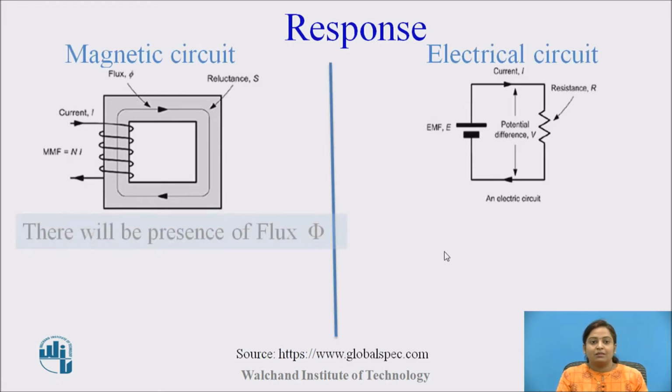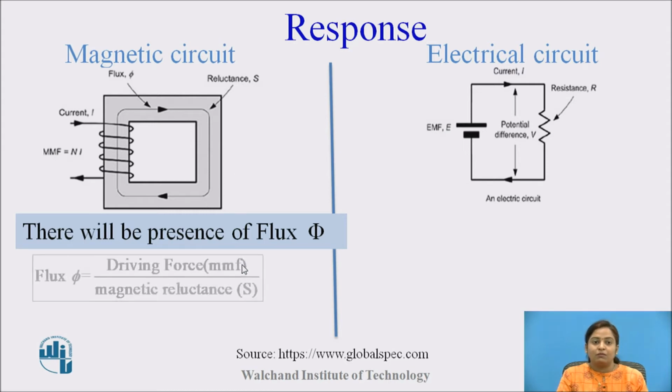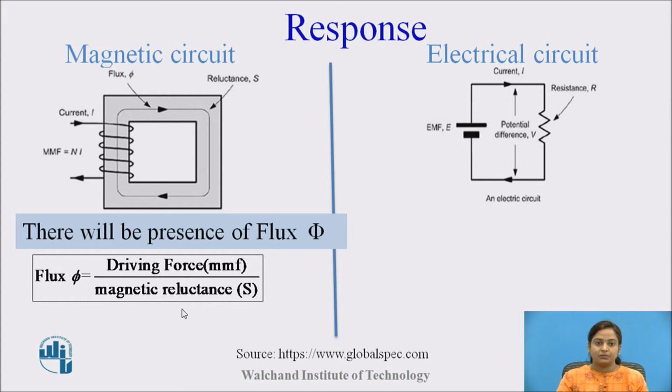So in magnetic circuit, there is a presence of flux. When the current flows through this coil, then magnetic lines of force set up in this magnetic core. These magnetic lines of force are called flux. This flux is defined as the MMF, that is the driving force, divided by magnetic reluctance.